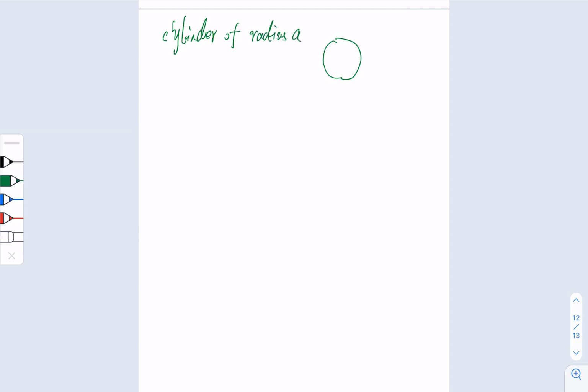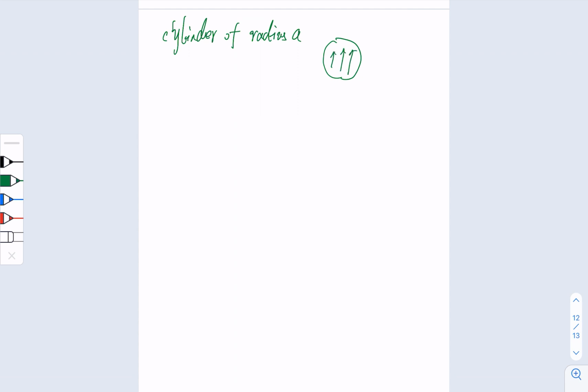Now let's take another example of a uniformly charged material. This time we will look at a cylinder.